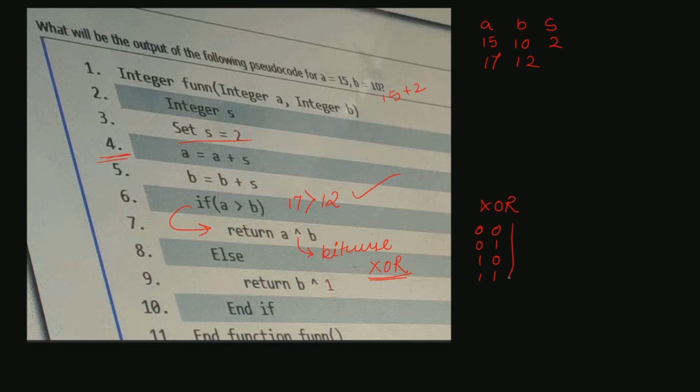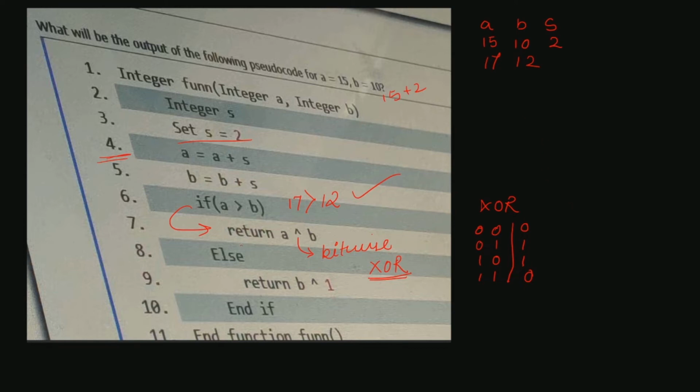This is the input, and the output will be, whenever there are similar digits, then the answer will be 0. Like 1 1 is 0, and whenever there are two digits which are not similar, so for example 0 1 and 1 0, then the answer will be 1. Okay, it is very easy to keep in mind.